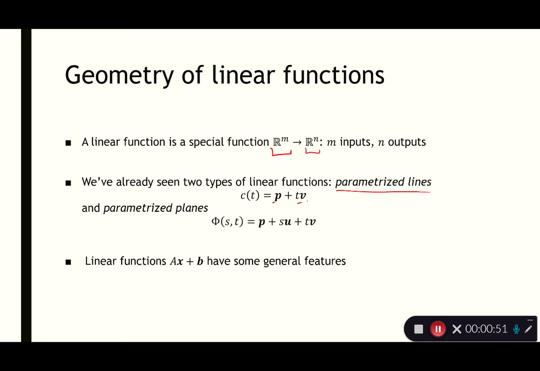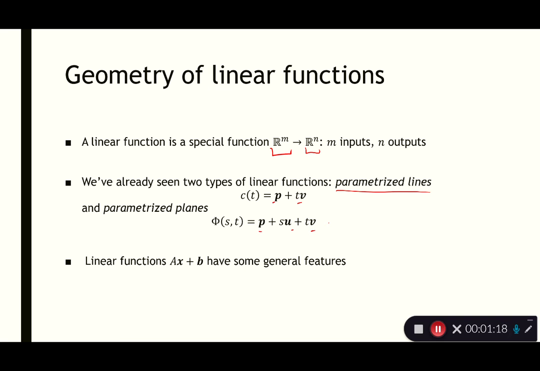Or if we had a point and two direction vectors that were parallel to a plane, we constructed a parametrized plane instead that took in two inputs and produced three outputs, and told us all the points that were on that particular plane. Now, we have more interpretations than that, but these are two that have shown up for us already.